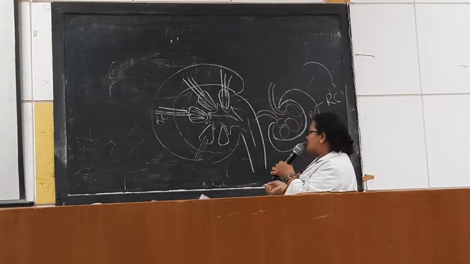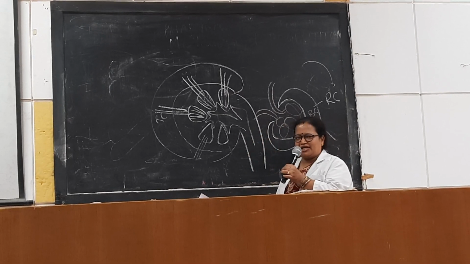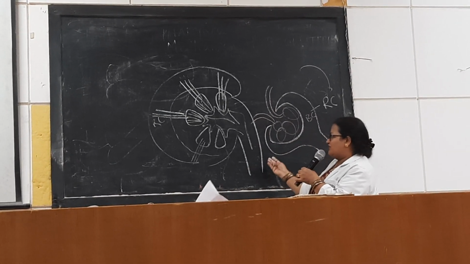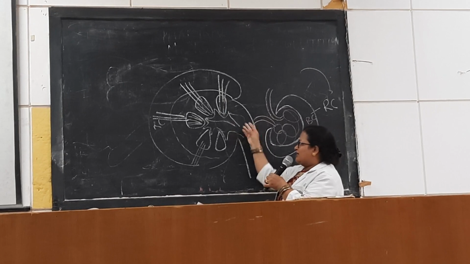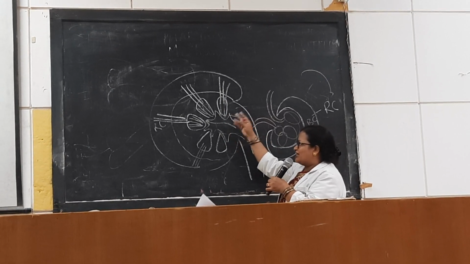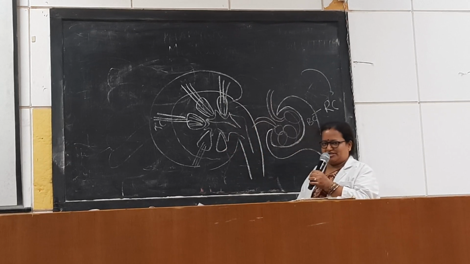The renal artery is the lateral branch of the abdominal aorta. When the renal artery enters through the hilum of the kidney, it divides into 5 segmental branches.